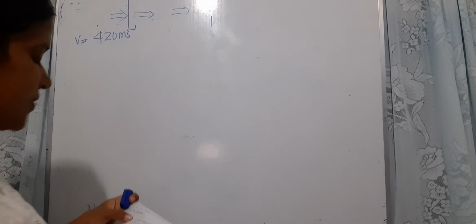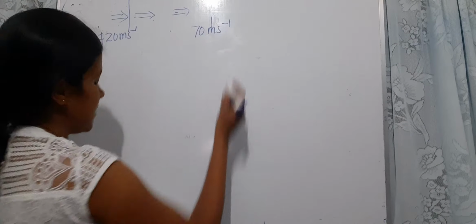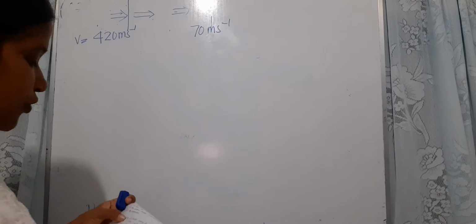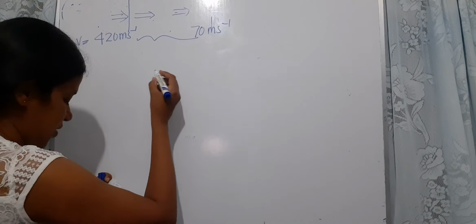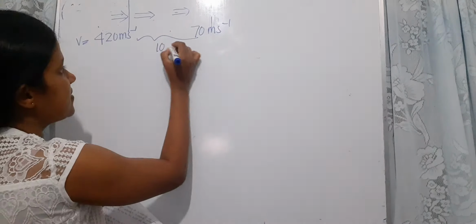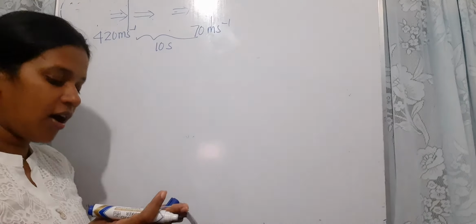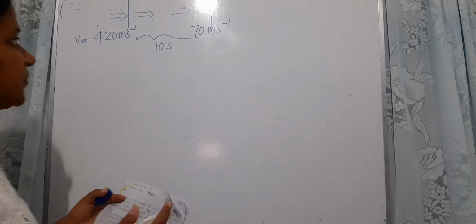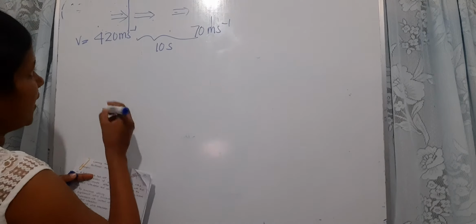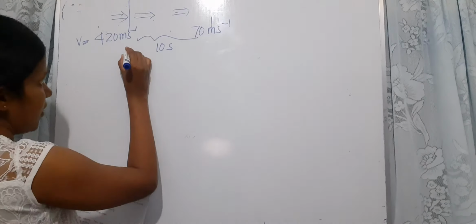It decreases to 70 meters per second uniformly in 10 seconds. Within the time duration is 10 seconds. After hitting a fixed target, find how far the bullet will travel before coming to rest. Then, to find this, we have to draw a velocity time graph for that.